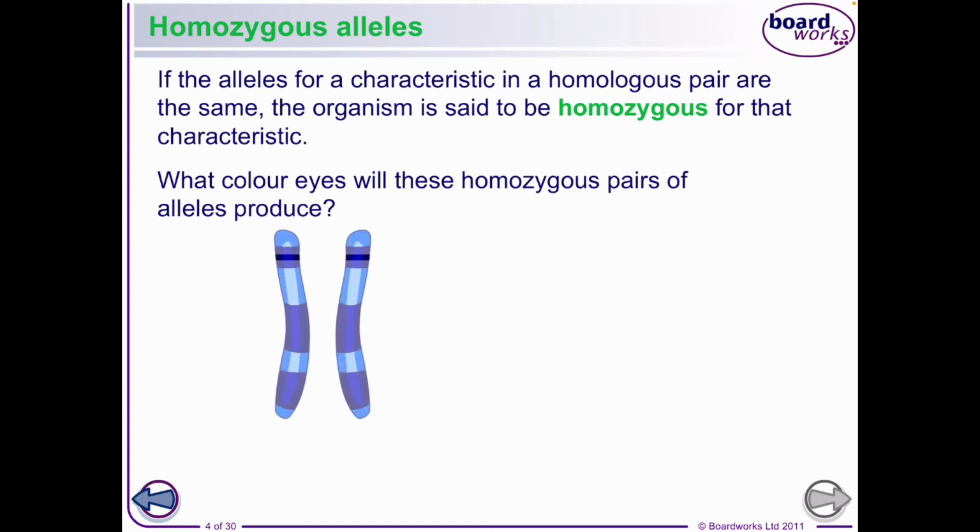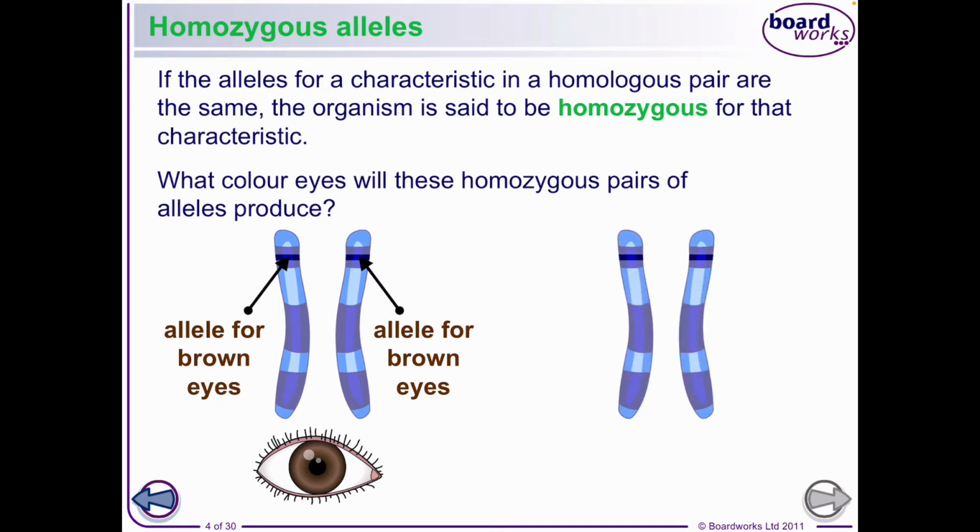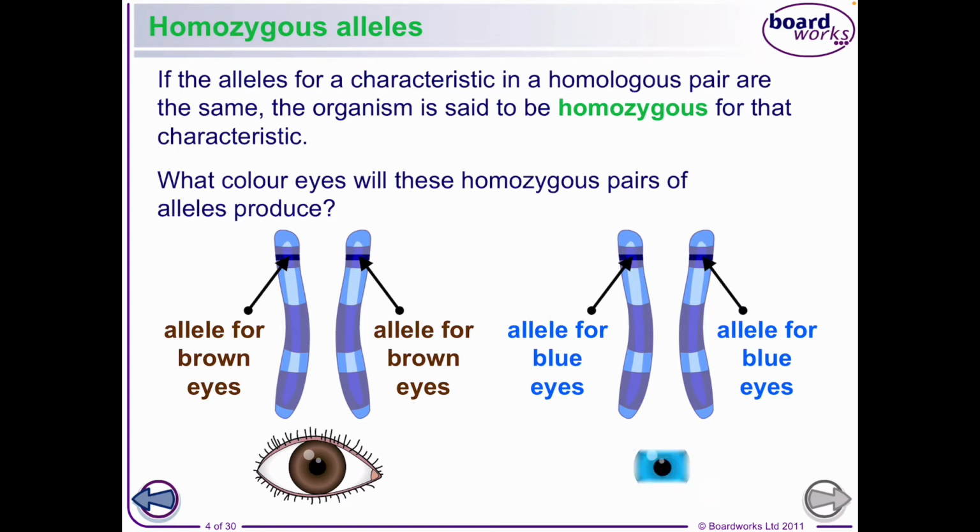So, this homologous pair of chromosomes has got an allele of the gene for brown eyes on each chromosome. So this individual is said to be homozygous for brown eyes. They will have brown eyes. However, this individual is homozygous for the allele for blue eyes. They will have blue eyes.